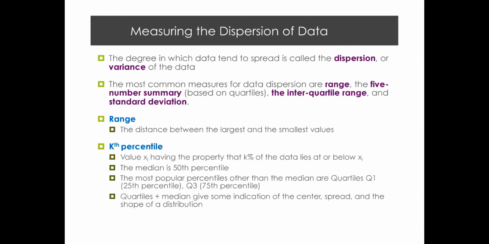The median value is the 50th percentile. The most popular percentiles other than the median are the quartiles, Q1, the 25th percentile, and Q3, the 75th percentile.